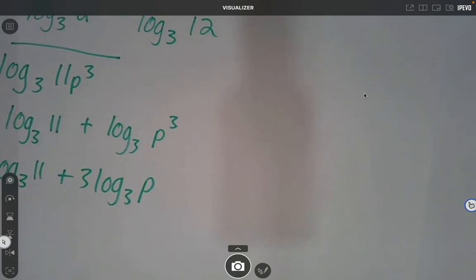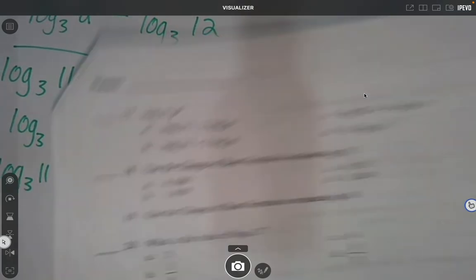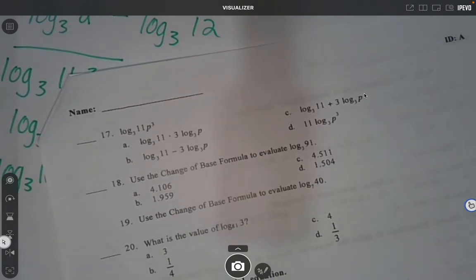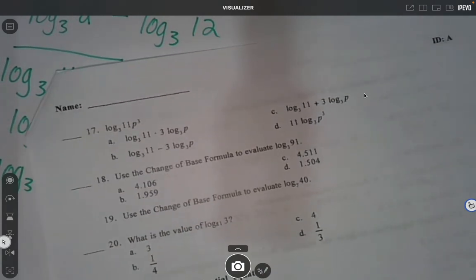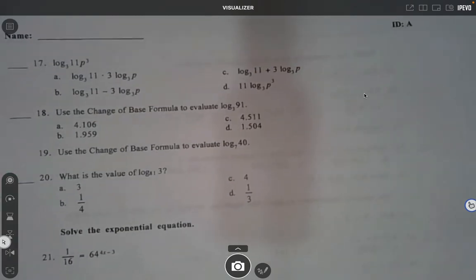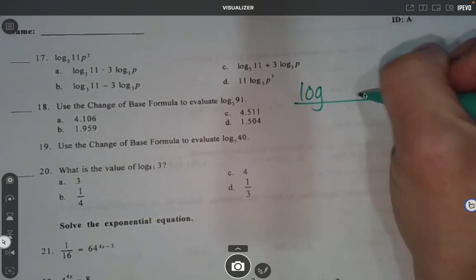Okay. On this one, it says change of base on number 18. So do y'all remember how to do the change of base? Is that what you divide by?